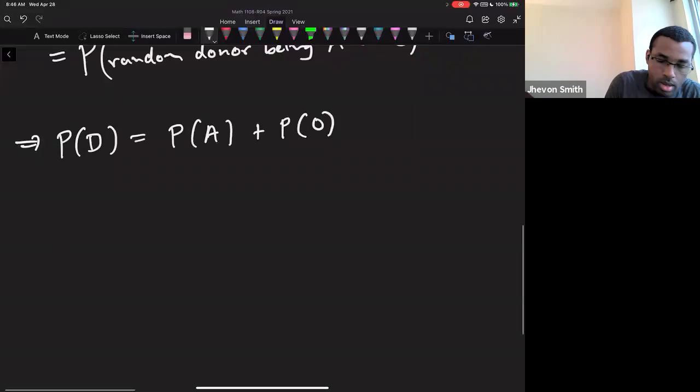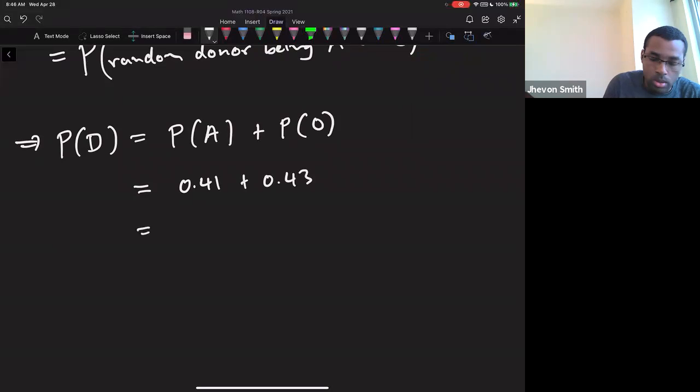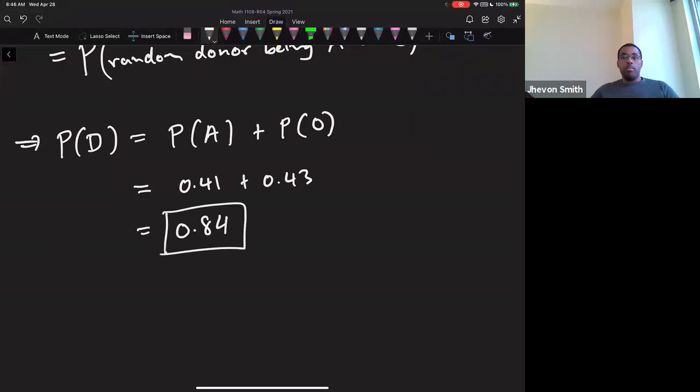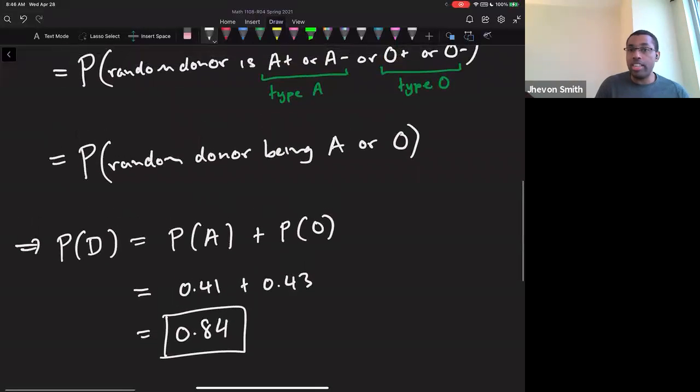And so that's going to be 0.41 plus type O was 0.43. So, I mean, far from certain, but there's actually a good chance, right?